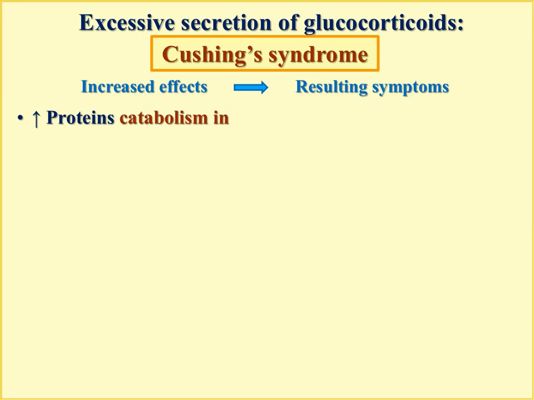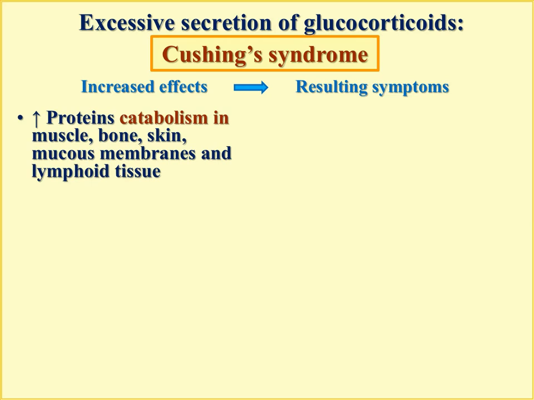Let's start. You remember that effect on protein is catabolism, and in a number of tissues: muscle, bone, skin, mucous membranes, and lymphoid tissue. So for muscle, if we every day have normal cortisol level, and every day a little amount of proteins is catabolized in muscle, our muscles do not have any problems in functioning, they do not become damaged anyway.